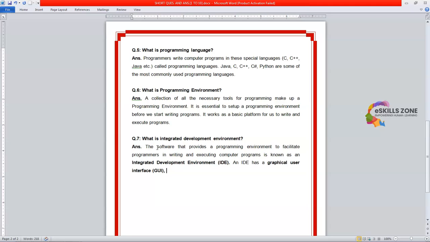Meaning that a user can interact with it using windows and buttons to provide input and to get output.